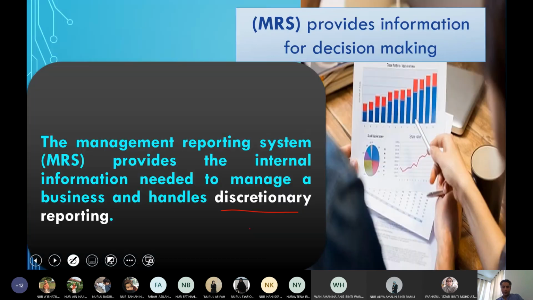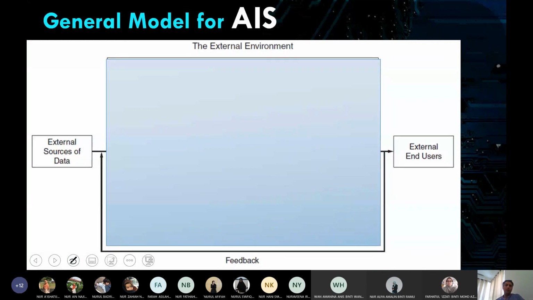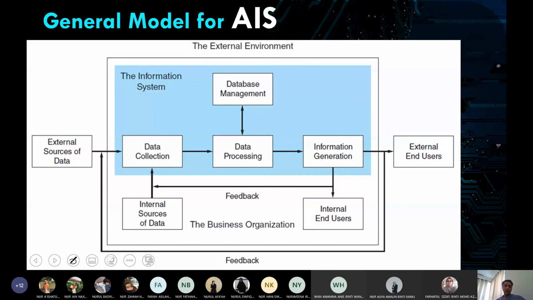Okay. So now let's move to understand the general model for accounting information systems in more detail. Here we have the external source of data, which is the input.